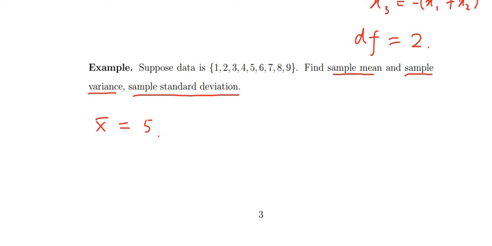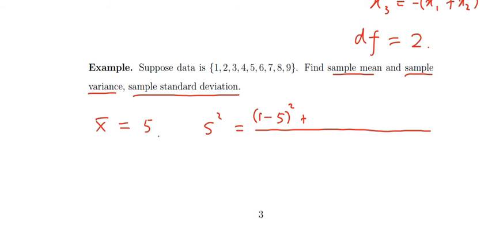So let's check the sample variance, s squared. We can plug into the formula: 1 minus 5 squared, each number minus 5 squared, right?